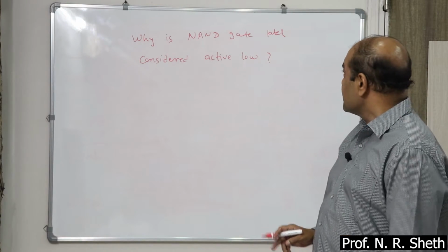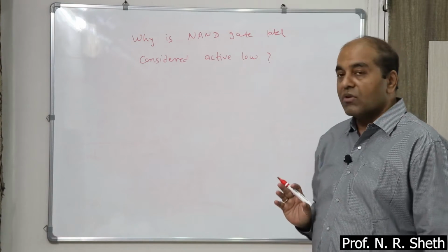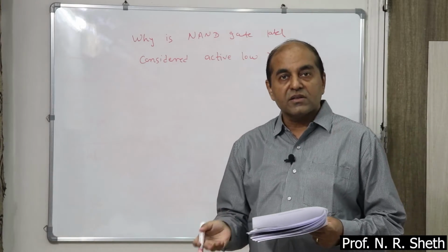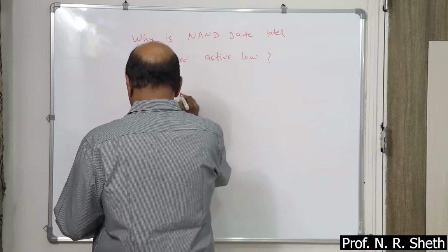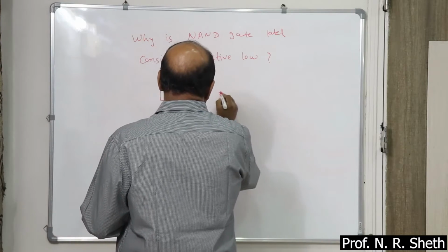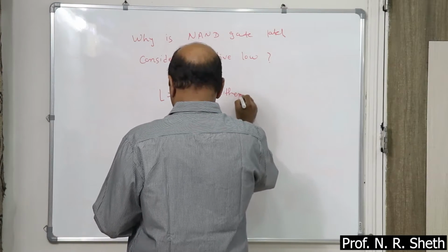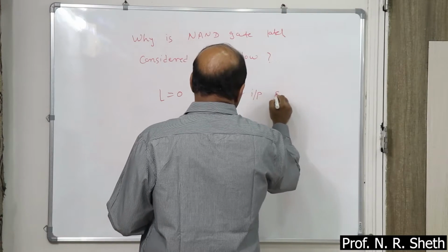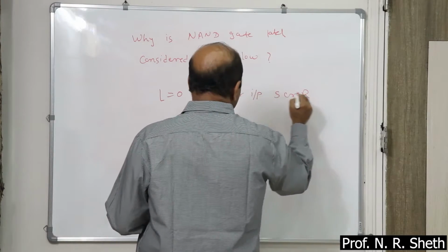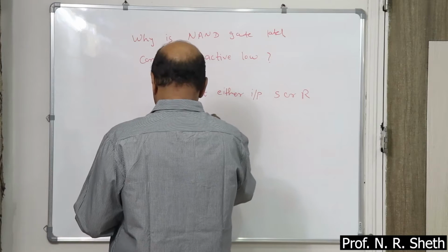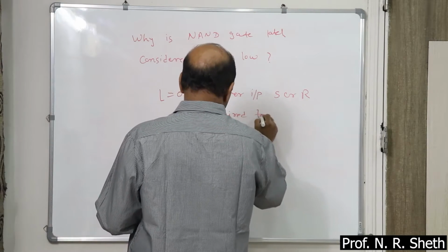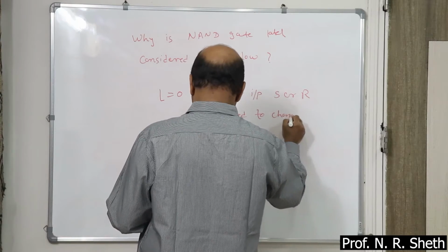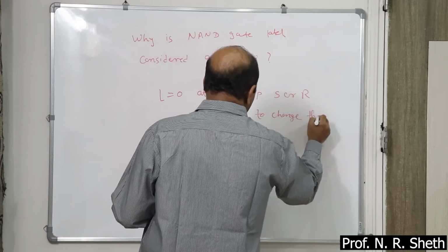See, we have two types. NAND gates are active low, NOR gate is active high. The reason is straightforward, because a low, that is 0, at either input S or R is required to change the output.